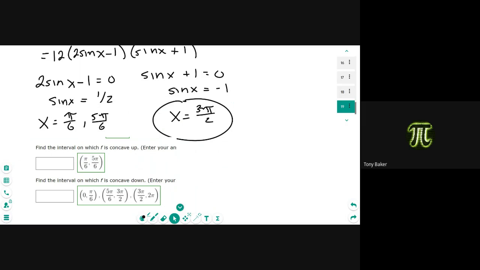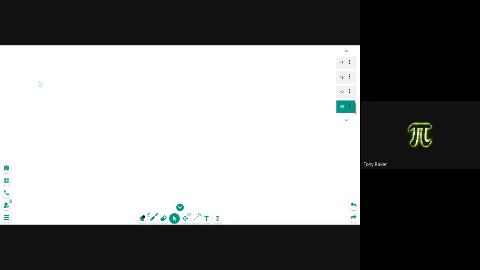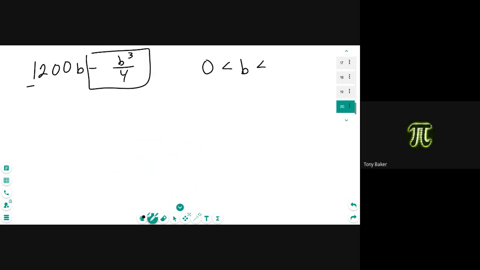What was your number in front of b? 1200. You have 1200 b minus b to the third over 4, right? So b has to be greater than 0. That totally makes sense. But if this is bigger than this, it won't work, right? So we need to figure out where that's going to be true. So where is b to the third over 4 greater than 1200 b? We'll set it equal to, and then we'll go there.